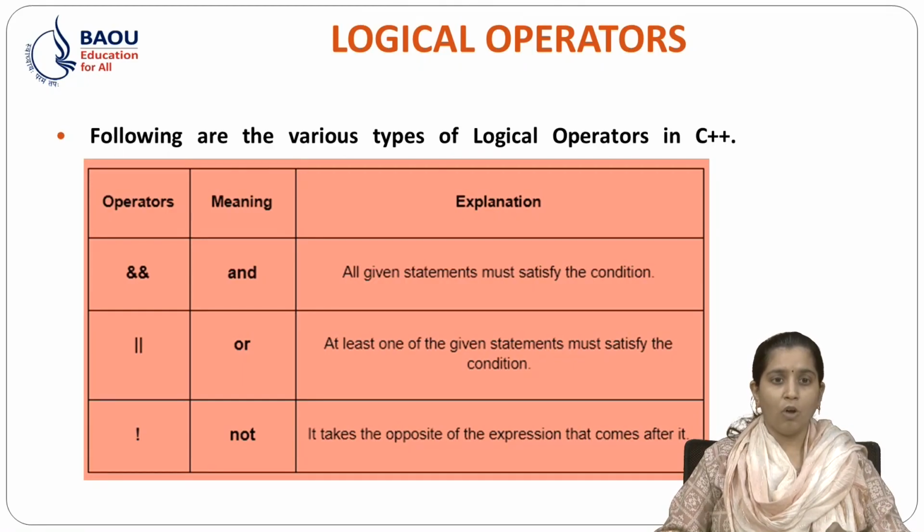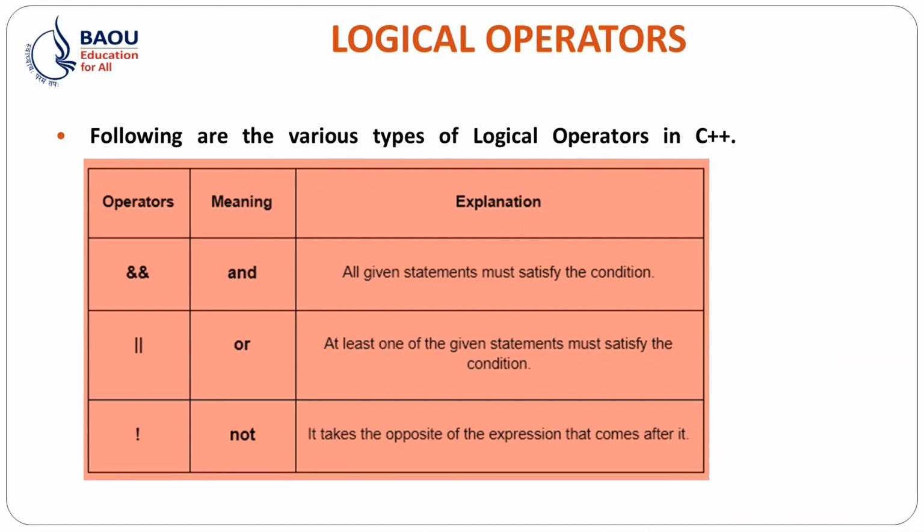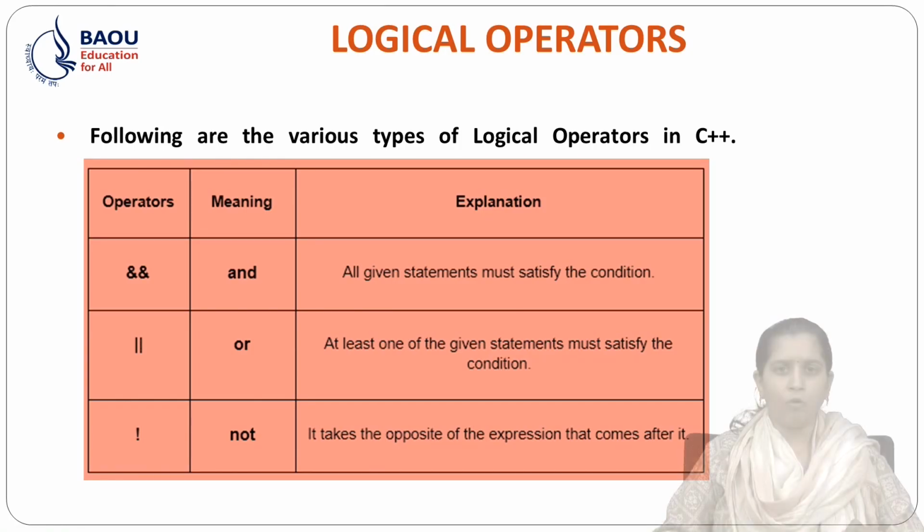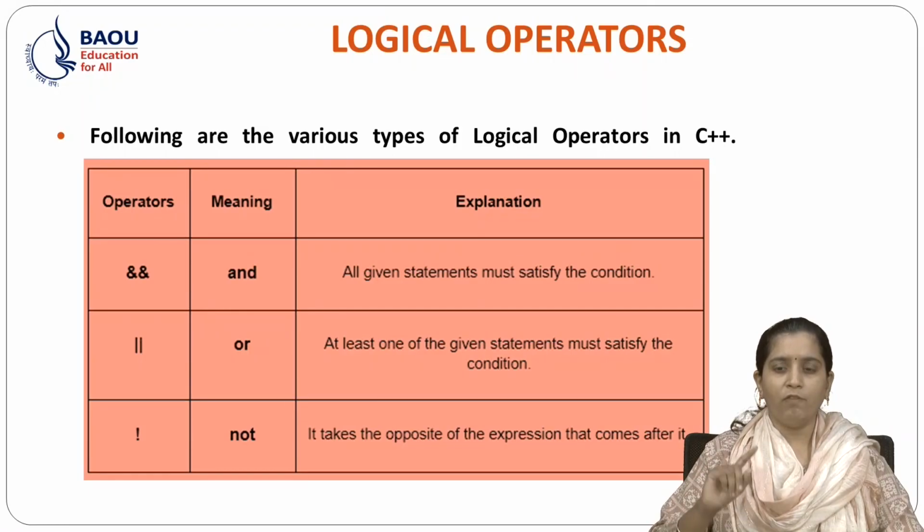Logical OR operator in a programming language is denoted by two vertical lines symbol, and the logical OR operator returns the Boolean value true or 1 when any one of the operands satisfies the condition and is true in nature. If both the operands do not satisfy the condition, then it will return a false value or 0.